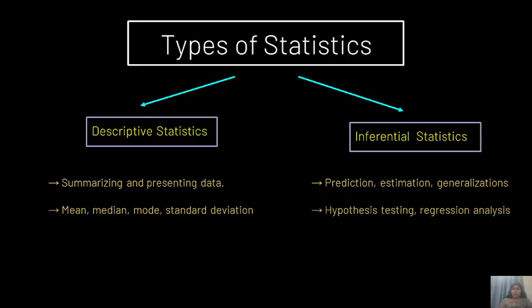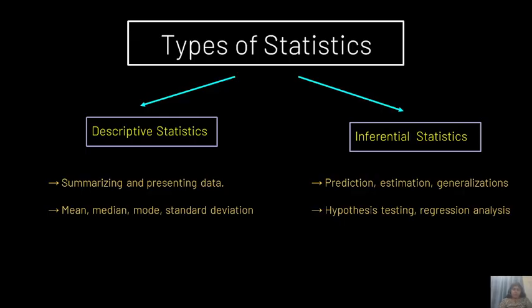Now, if your friend comes to you and asks you which phone to buy, you can say that I've been using a Samsung phone. And usually Samsung phones have good display, good camera, good battery life, so you can go for a Samsung phone. This is nothing but inferential statistics. Based on your phone, you have made assumptions about all phones of Samsung. So this is what inferential statistics actually is. Based on your data or the sample you have, you make an assumption or prediction about the larger or entire population.